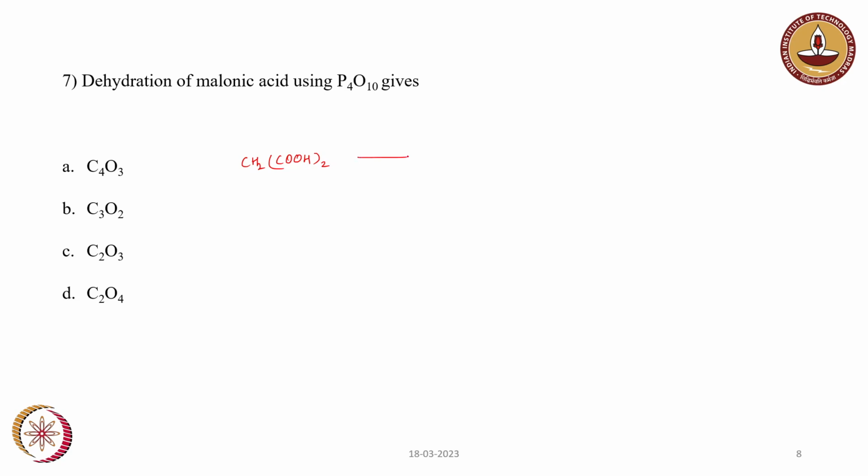So when it is treated with P4O10, water is removed to form carbon suboxide. So it is C3O2.